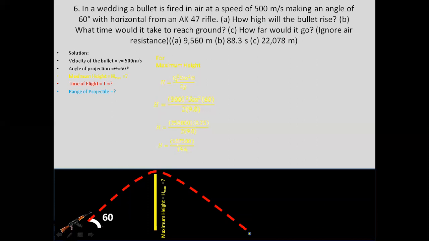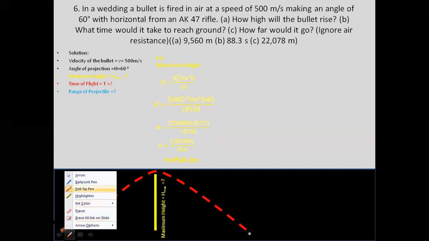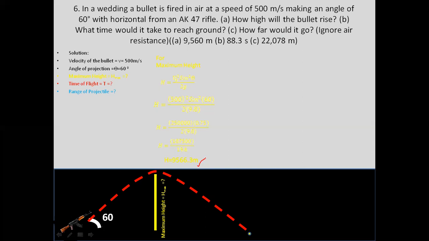What do you get? 187,500 divided by 19.6. We get an answer of 9,566 basically. So it is roughly 6 meters away from the given answer, so our answer is taken to be correct. So we have calculated the height of the projectile, the maximum height.